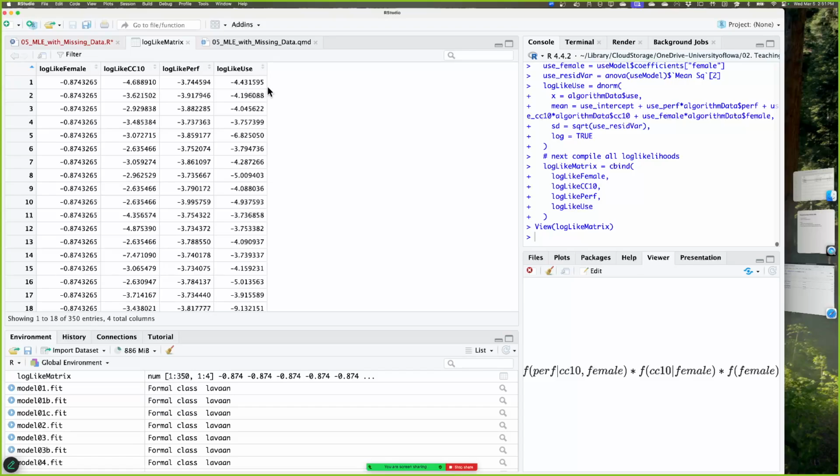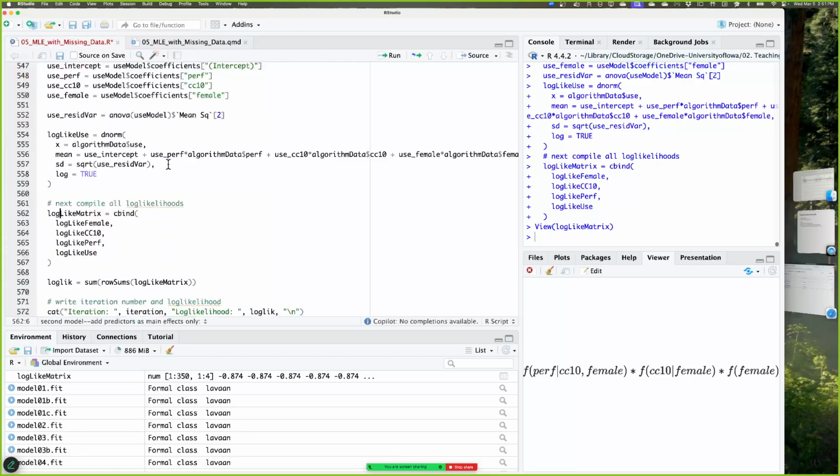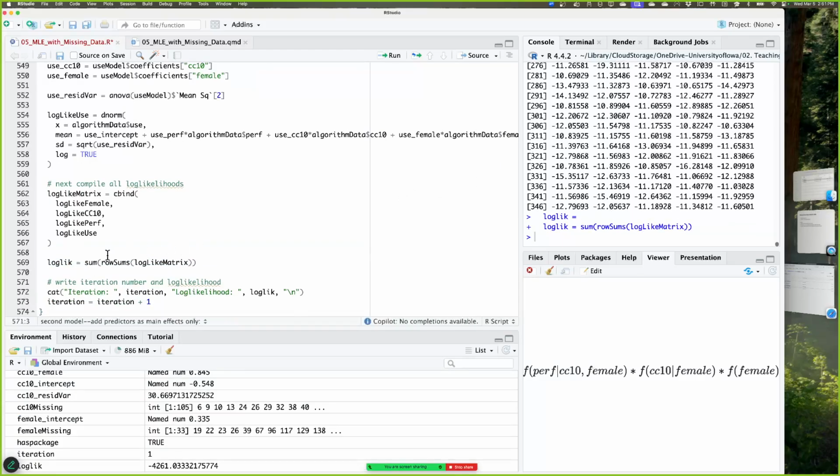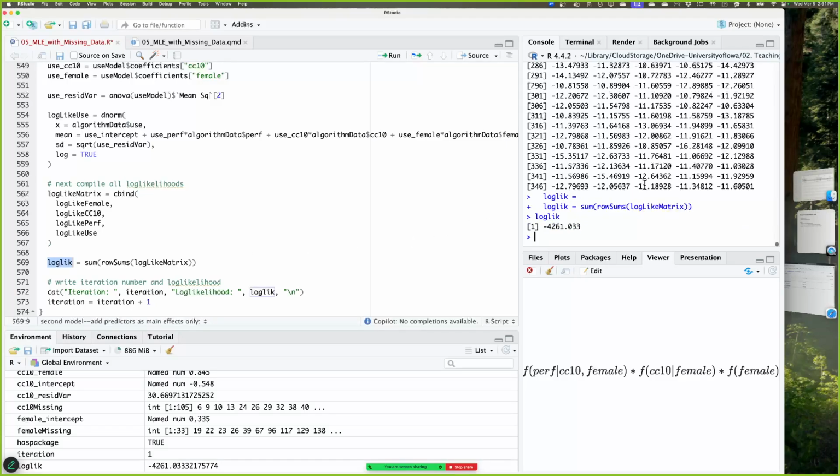The row sums of the log-like matrix give each person's contribution to the joint log likelihood, and the sum of that gives us our joint log likelihood. That's one cycle of EM.